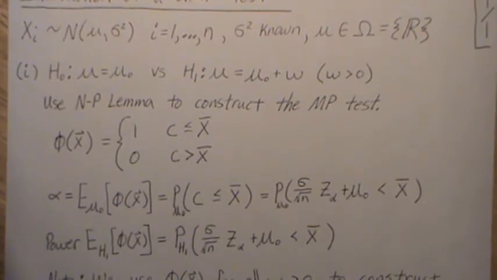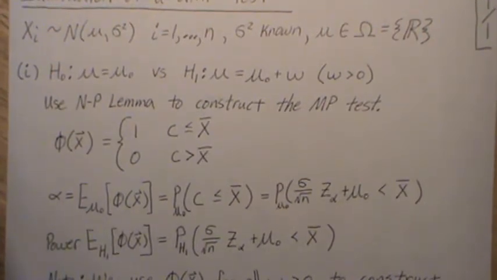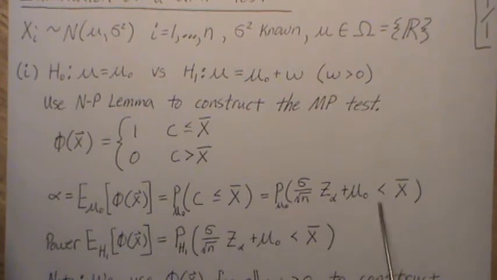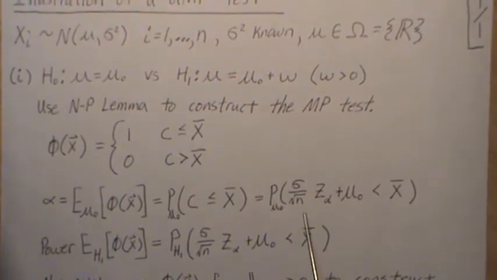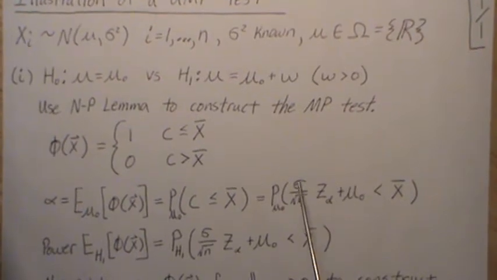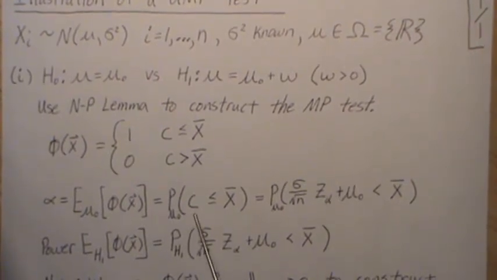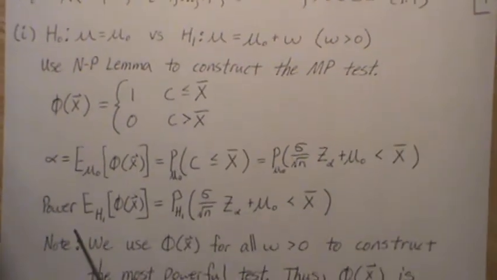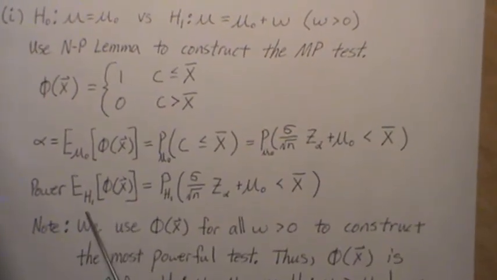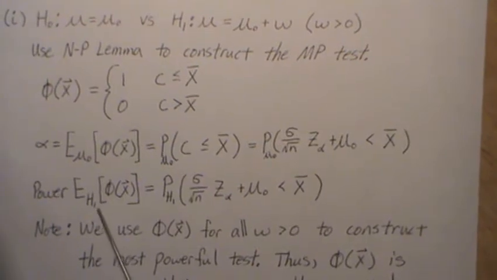Now a lot of times you'll see it where they subtract the mean and then divide by this quantity, and that becomes a standard normal distribution, and that's greater than z alpha. But here we just moved everything over here. We're going to keep it in this fashion. And so what we do is we set this equal to c, right? That's what goes there.